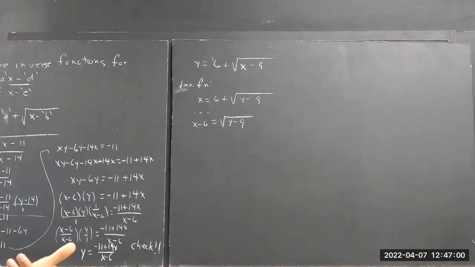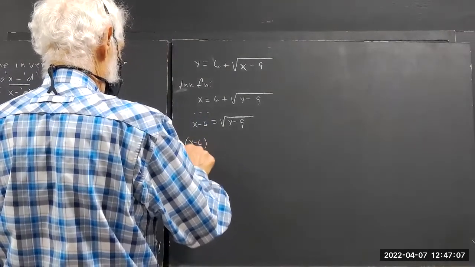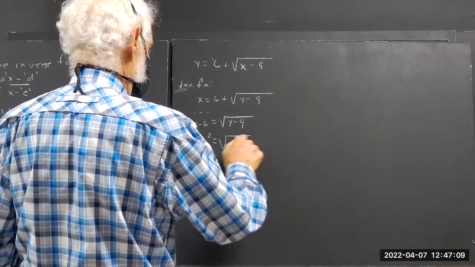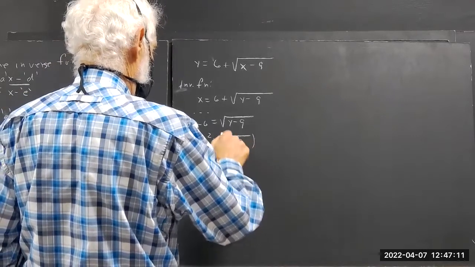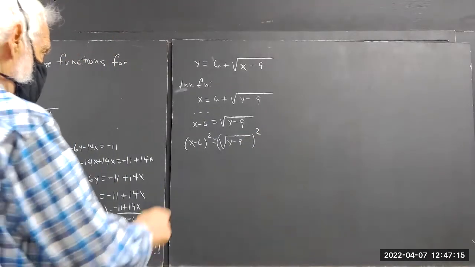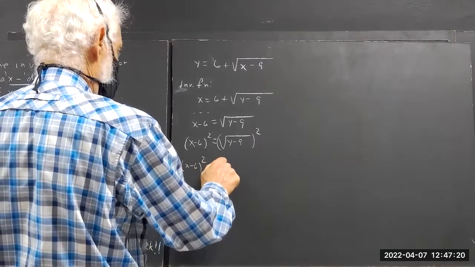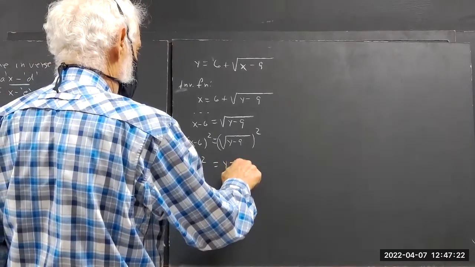Then we square both sides. So we get x minus 6 squared equals y minus 9.